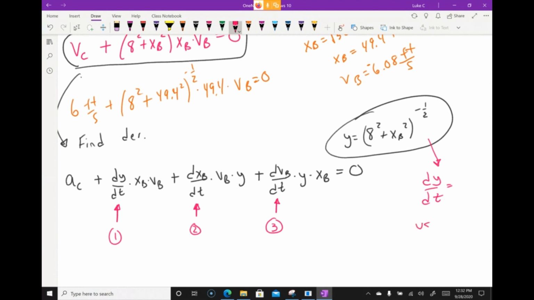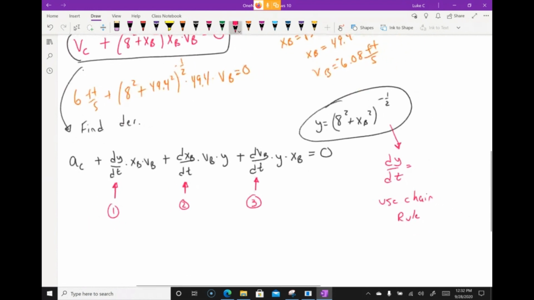So use chain rule, like we did above. So if you're going to find acceleration, you have to do the product rule and the chain rule. Do you see how much math is involved now? So it's dy dxb times dxb dt.